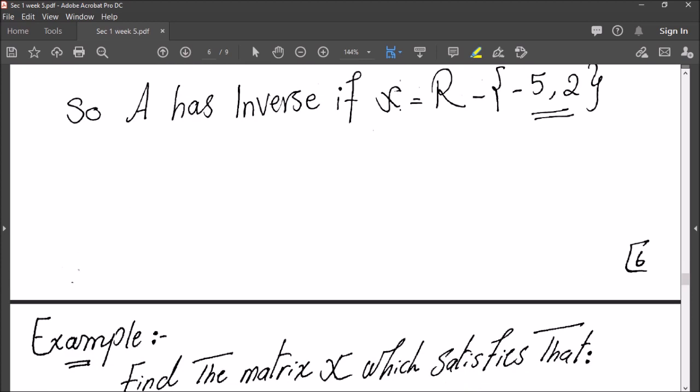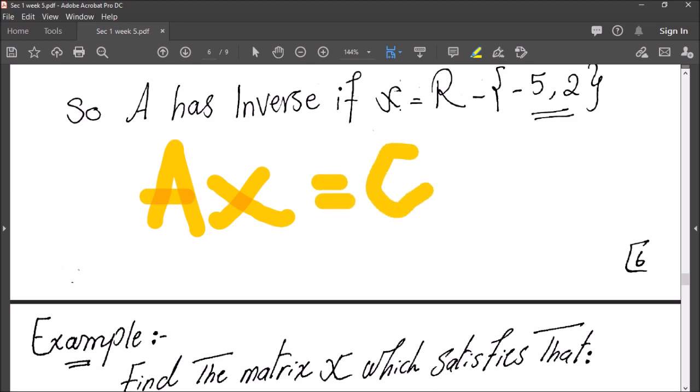If I told you that a times x is equal to c, I need to find x.